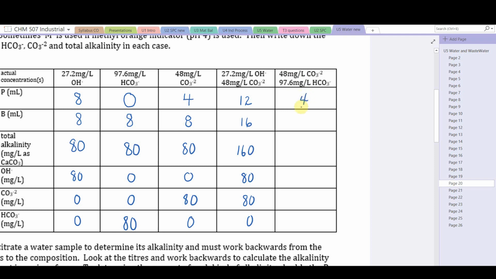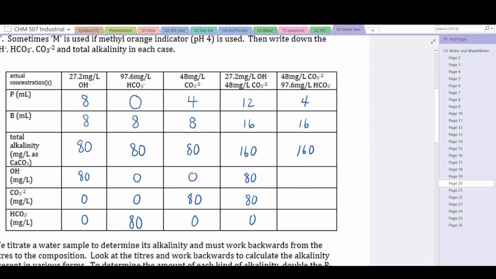And then from phenolphthalein to bromocresol green, we'd have another 4 mL for the bicarbonate produced from the carbonate, plus another 8 mL for the bicarbonate itself. That'd be 12 more mL, so 4 plus 12 is 16. So again, we're going to have 160 milligrams in total of alkalinity, and of that, none of it is hydroxide. 80 milligrams per liter would be carbonate, and 80 milligrams per liter is bicarbonate, but reported as calcium carbonate. And that's the system that's used in industry.